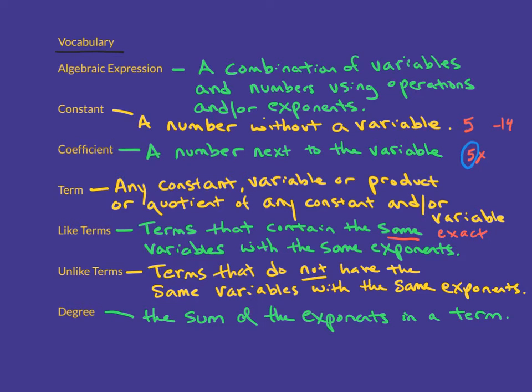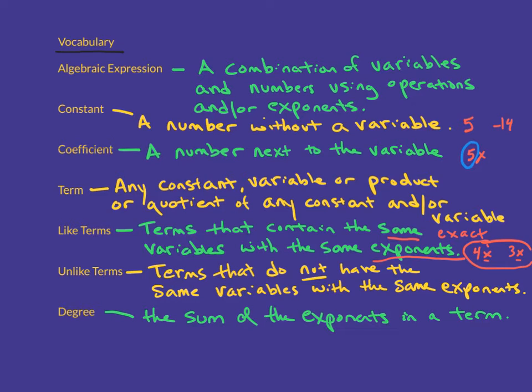So when we're talking about like terms, if you've got 4x and then something like 3x squared, even though they've got the same variable, the x in both of those, they don't have the same exponent. So for them to be like terms, they've got to be exactly the same variable and exponent. So if this x did not have a 2 on it, and it was just 3x, then these would be like terms, and we can add them or subtract them if we want.